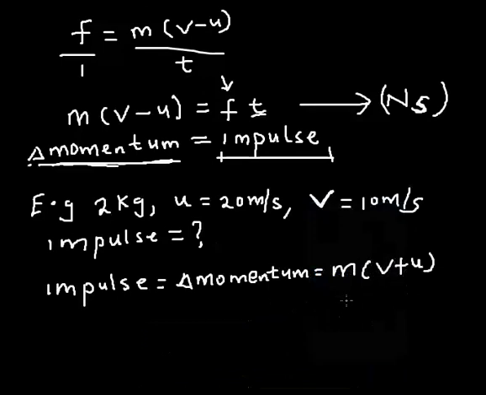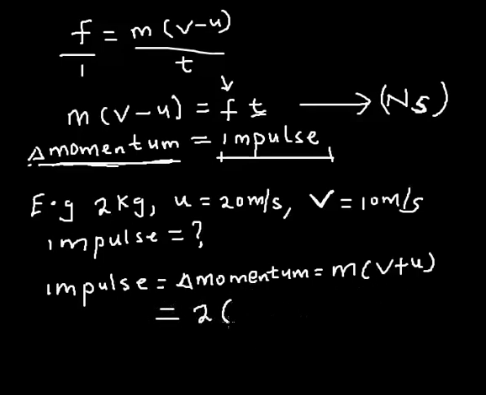So that's equal to m, which is 2 kg, open bracket, the final velocity is 10 meters per second, plus the initial velocity, which is 20. So this gives 2 times 10 plus 20, that's 30. 2 times 30 is 60. Remember, the unit is Newton seconds.